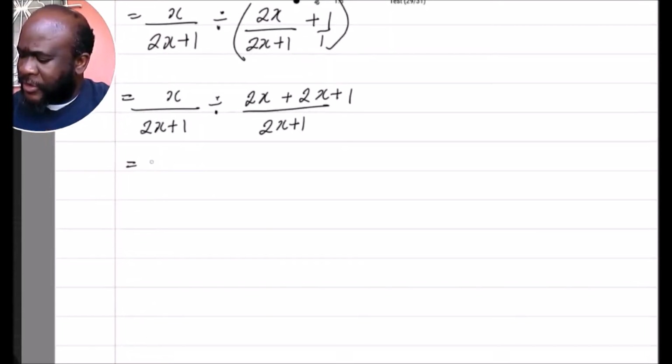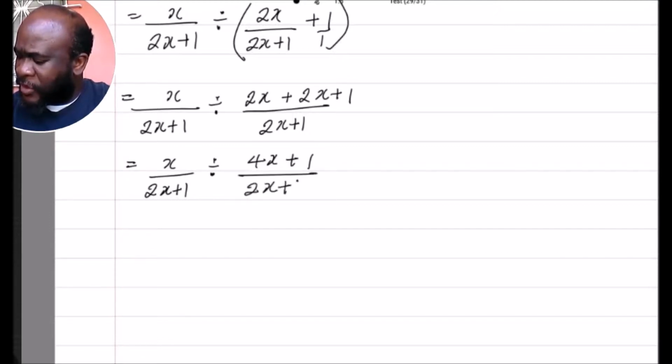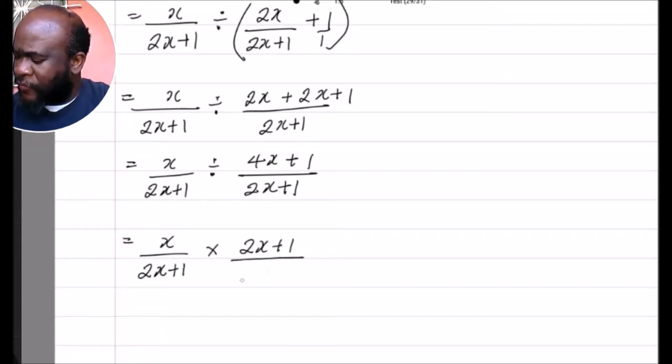So this becomes x over 2x plus 1 divided by 4x plus 1 over 2x plus 1. Alright, so this is x over 2x plus 1 multiplied by 2x plus 1 over 4x plus 1.